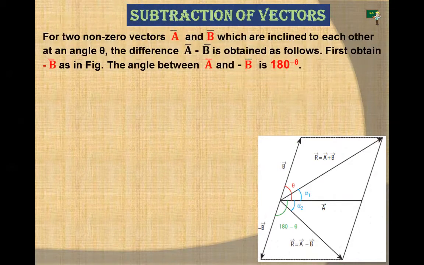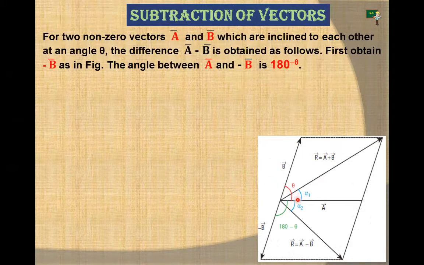Here, the given vectors are A vector and B vector. For two non-zero vectors, A vector and B vector, which are inclined to each other at an angle theta, this is the angle, and this is going to be the angle with minus B. The difference A vector minus B vector is obtained as follows.